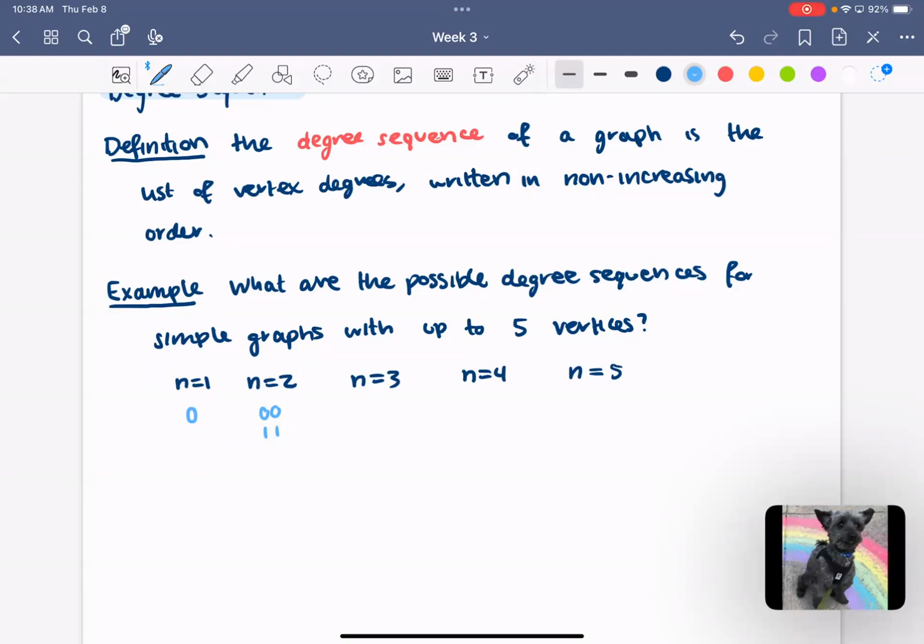Okay, good. And then what about n equals 3? Yeah. 1, 1, 0, 2, 1, 1, and then 0, 0, 0, 2, 2, 2. Okay, good. Did everyone get agreement with this? And then what about n equals 4?